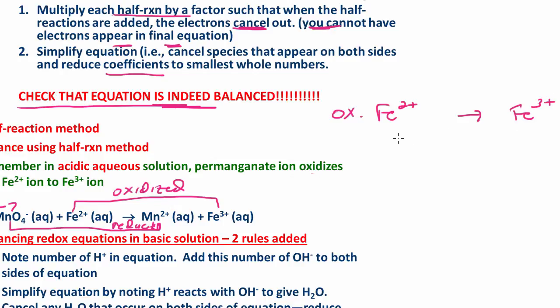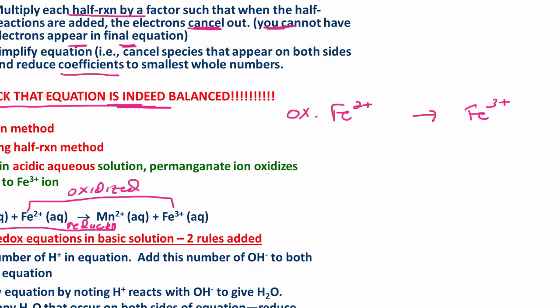We look at this and we say, okay, is this balanced? Yeah, the atoms are balanced, but we need the electrons. We have to balance the charge. So I have a +2 charge here, a +3 here. So what I'm going to do is add 1 electron. Okay, so that's good. That half reaction is great.